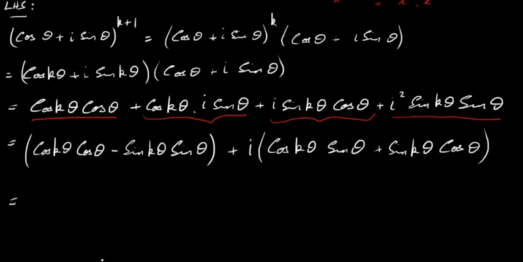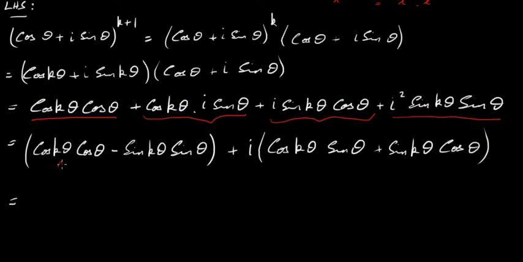So really what we've got here is real plus imaginary. Now, if you look at this part here, what we've ended up with is cos A cos B minus sin A sin B. And from your tables you should see that that's just equal to cos(A + B).